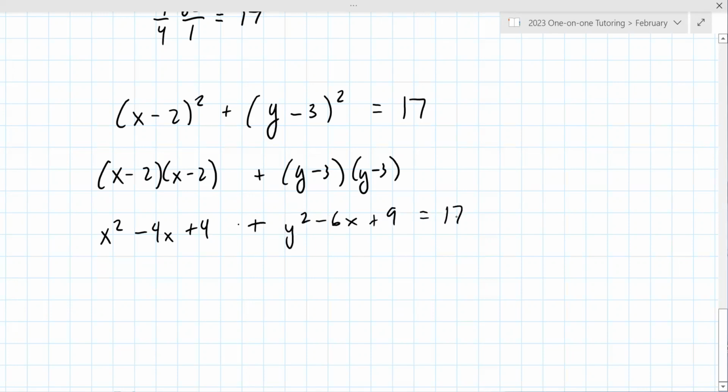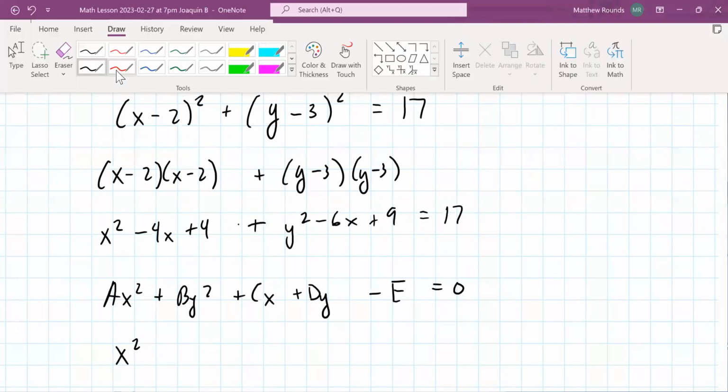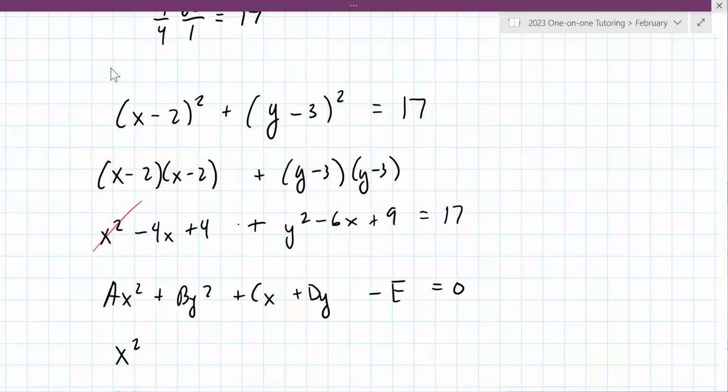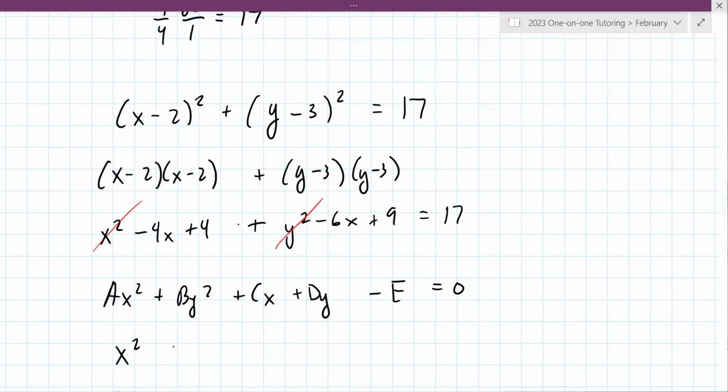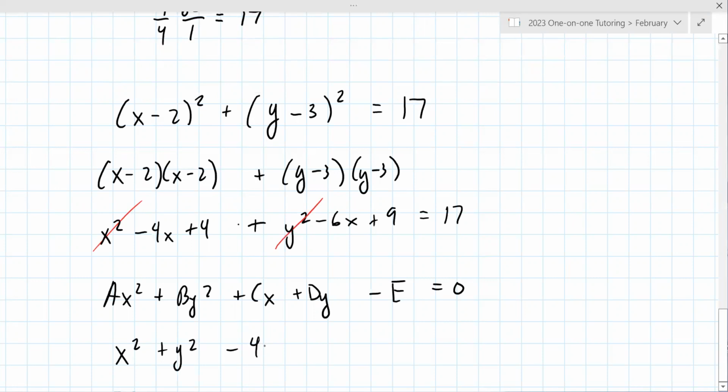And then they want you to regroup everything. I'm not sure why, but that is the format. They want it in this form: ax squared plus by squared plus cx plus dy minus e equals 0. So you put the x squared first, and you kind of mark things off as you go. Then the y squared, then the minus 4x, minus the 6y.